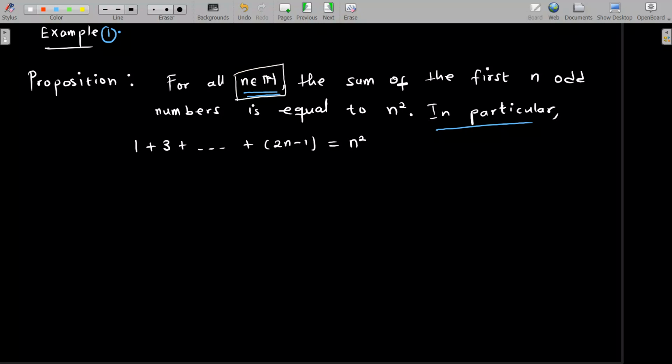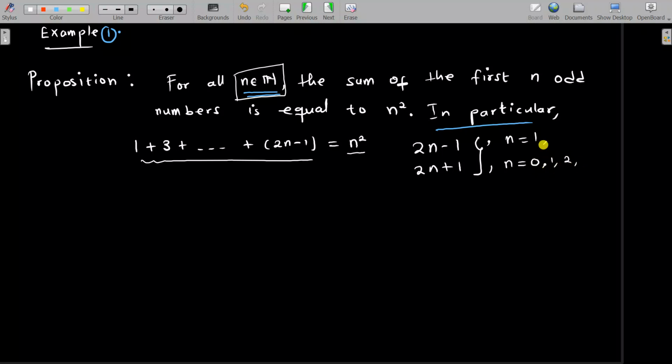Notice that an odd number can be defined as 2n minus 1, or as 2n plus 1. In the first, the indexing starts from 1, and in the other, n starts from 0 and goes to 1, 2, and the rest.